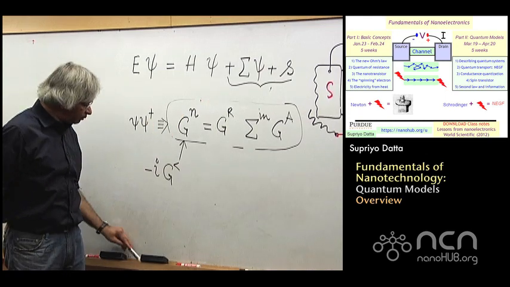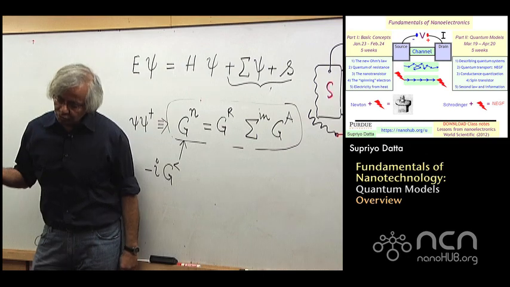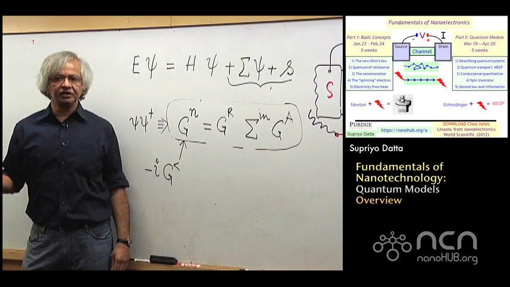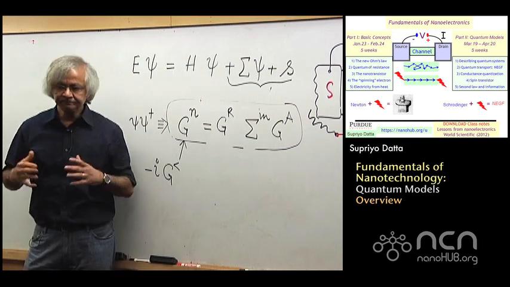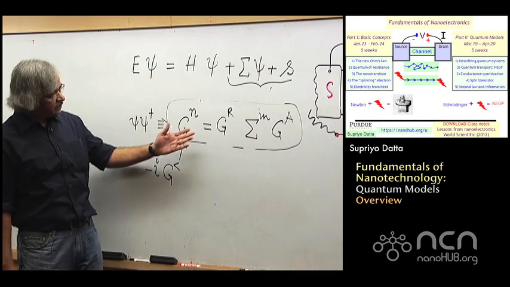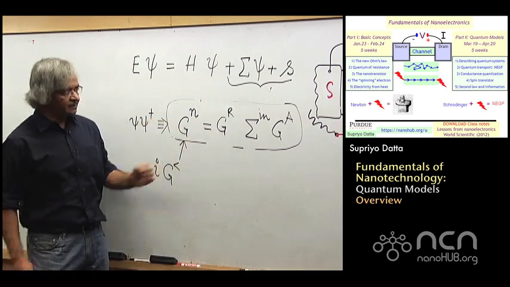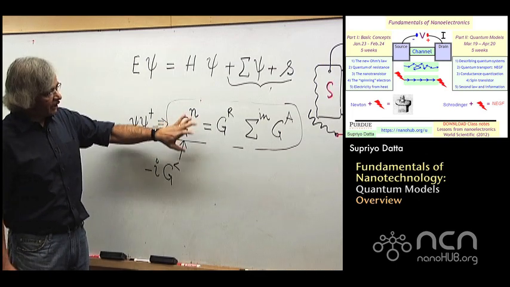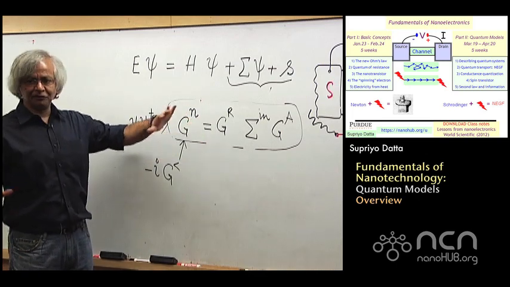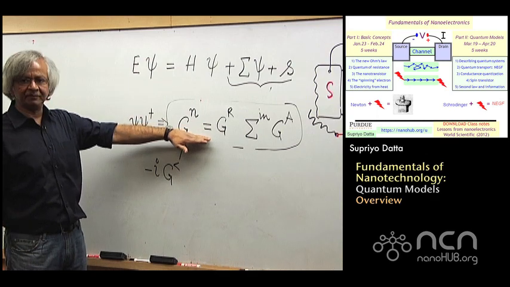So that's what we'll talk about in week 2 of this course. And then in weeks 3 and 4, we'll look at many examples based on this and get a feeling for how to apply these equations to real devices. But here again, let me make the point that this is non-equilibrium quantum statistical mechanics.